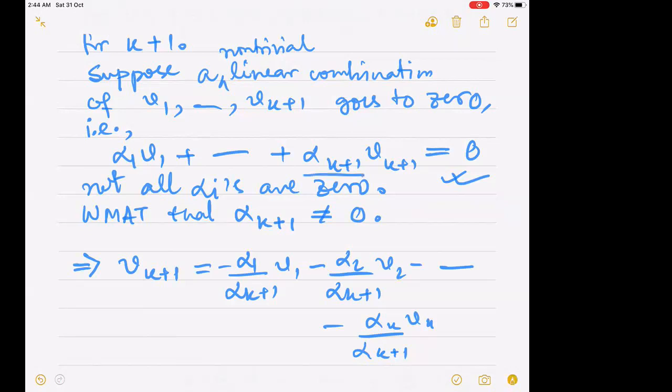But if alpha k plus 1 is 0, then once again we are back to square one. We have a linear combination of k vectors going to 0, and by assumption with the number k, the statement is true. So alpha 1 up to alpha k must also be 0. So ultimately this linear combination here must be 0, which says that these vectors are linearly independent.